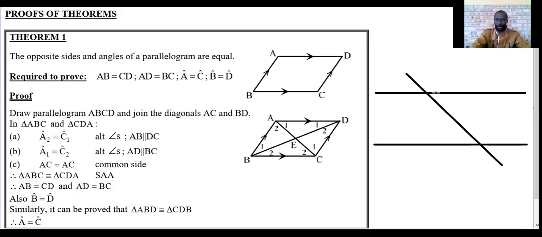this angle here, at this point, this other angle, this angle here, and this other angle here, they are alternate angles. And also, they are equal to each other. You see that?